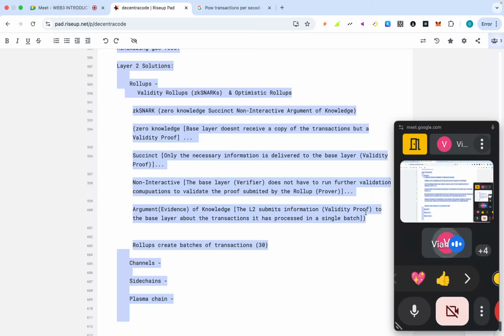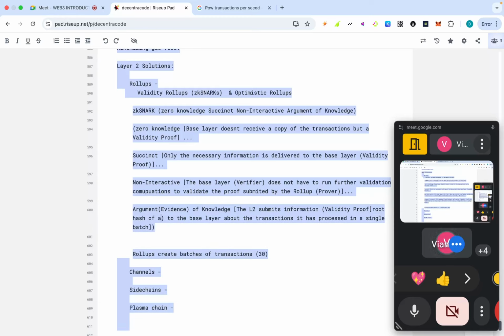In this case, everything revolves around the validity proof. So the L2 submits information, which is a validity proof, to the base layer about the transactions it has processed in a single batch. I hope that is clear. And we said this validity proof is actually the root hash of a Merkle tree of that batch.